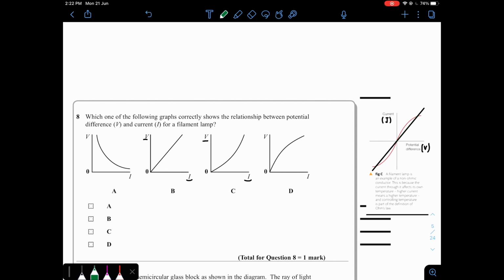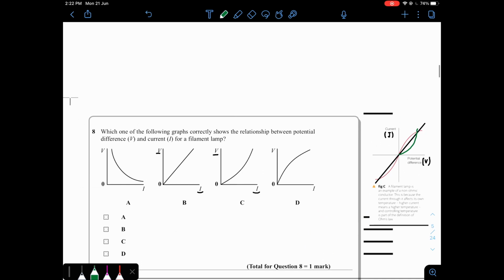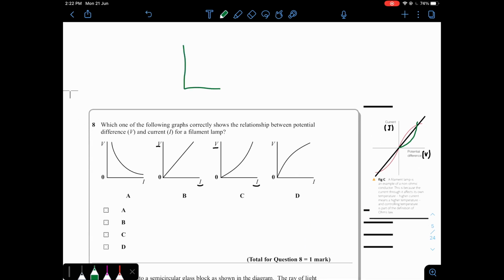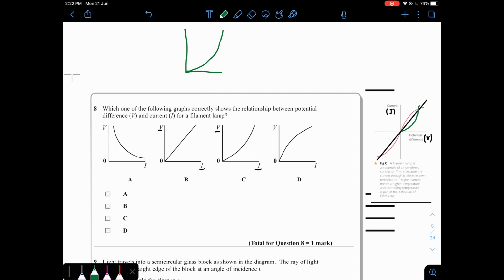We should reflect it over here, and it should look like this, going upwards like an exponentially increasing graph. So which graph is that? That graph is C. So the answer is C.